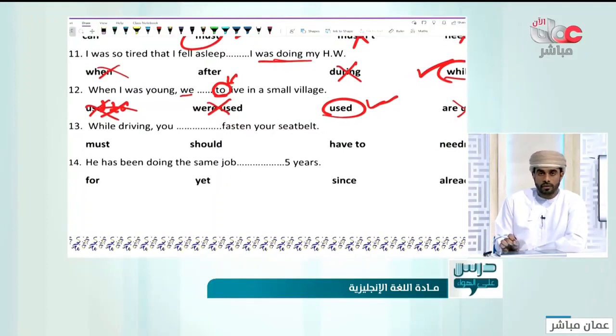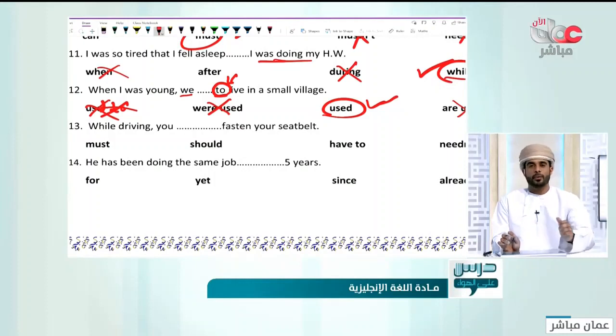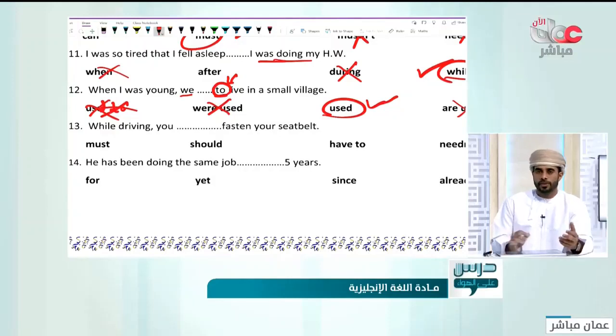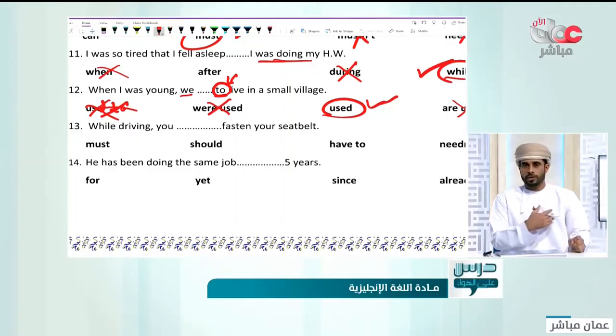13. While driving, you fasten your seat belt. Again, we are talking about the modals in here. Think of it. Is there another choice, another chance not to fasten your seat belt? If you are sick, for example, if you have a surgery, you have certain things you cannot wear. Yes. So, is it have to?